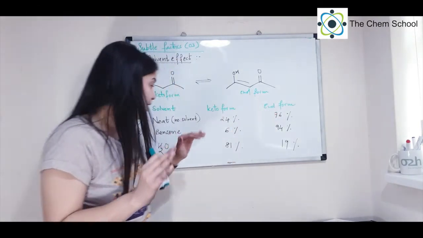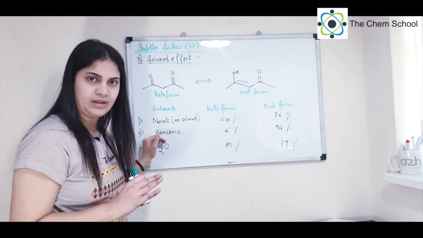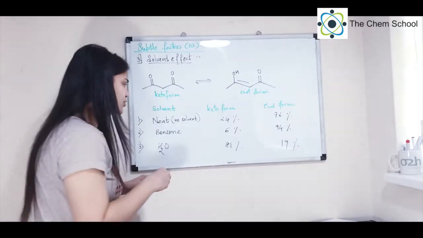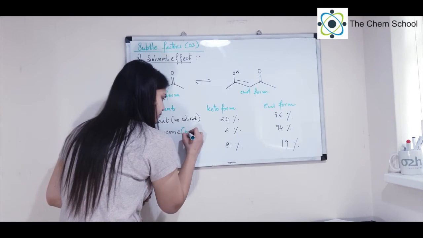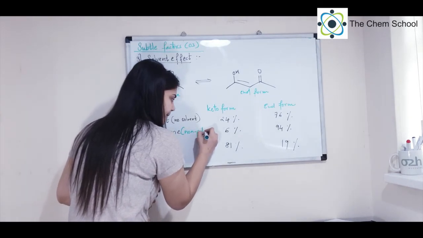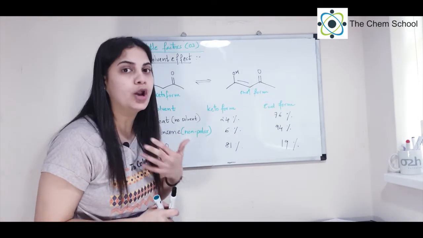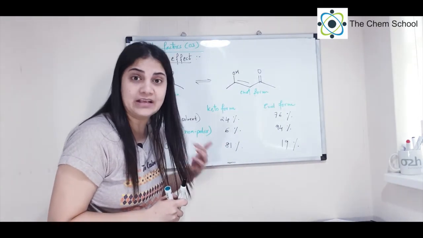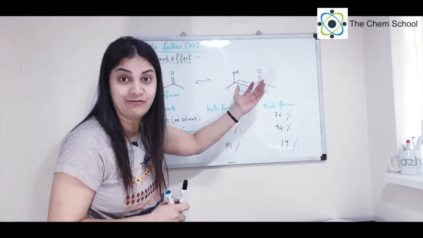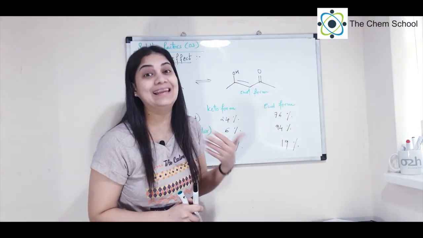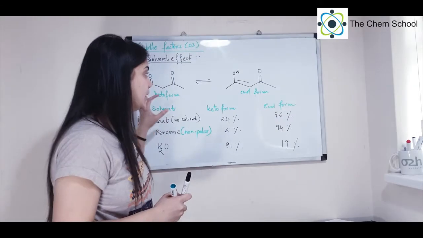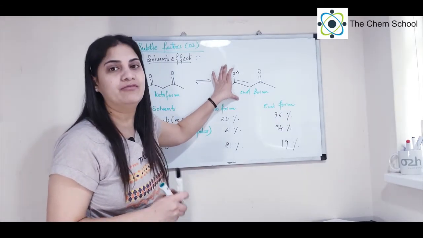But if I take benzene, remember that benzene is a non-polar solvent. If I take a non-polar solvent, in that case also your enol will be favored. In fact, the percentage of enol will keep on increasing. Why? Because the hydrogen bonding will be more favored.